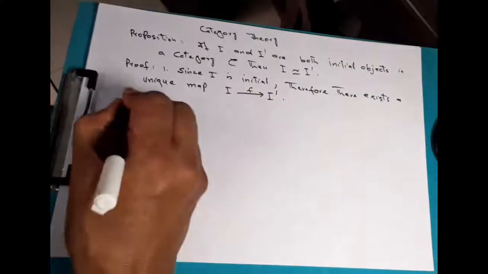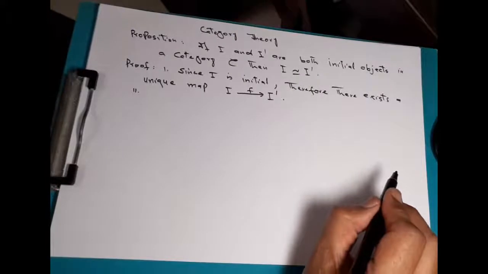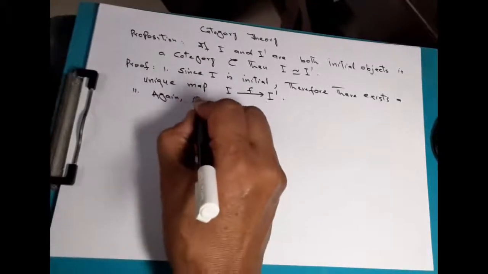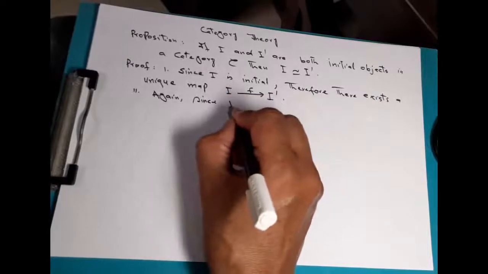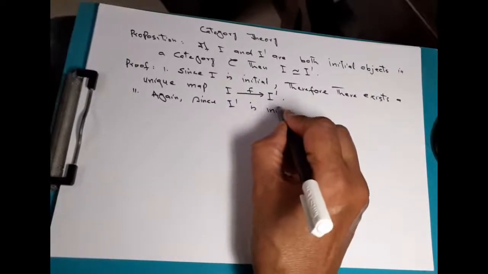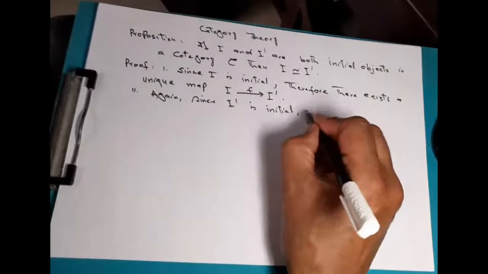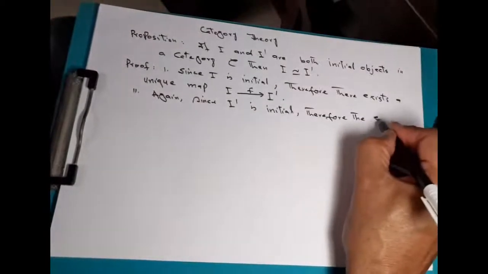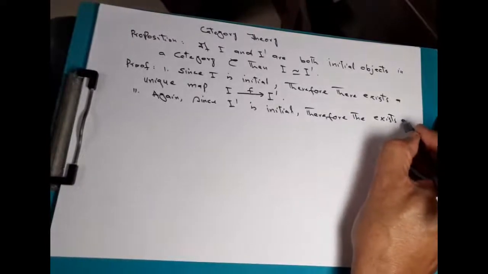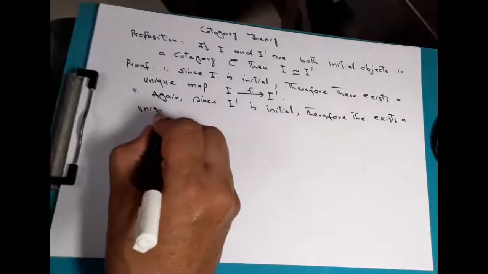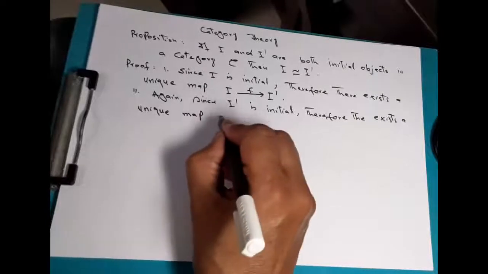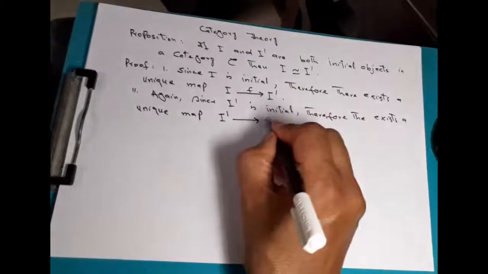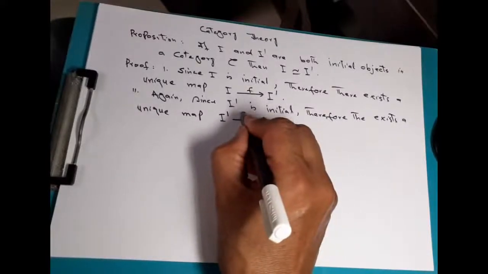Let's call it F. Secondly, again, since I dash is initial, therefore there exists a unique map, this time from I dash to I. Let's call this map G.